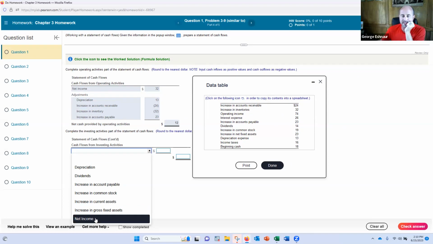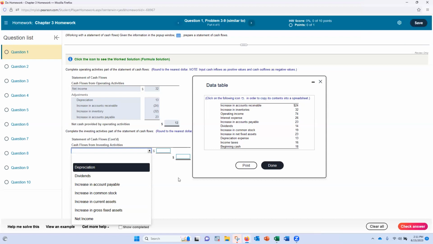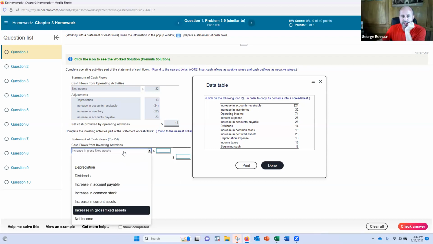If we were thinking about investing activities, not financing, but investing activities, which one of these would it be? Increase in gross fixed assets. Yes, that's good.